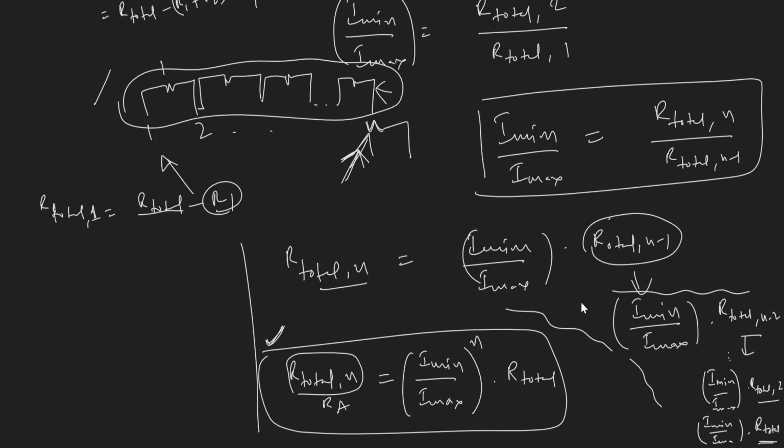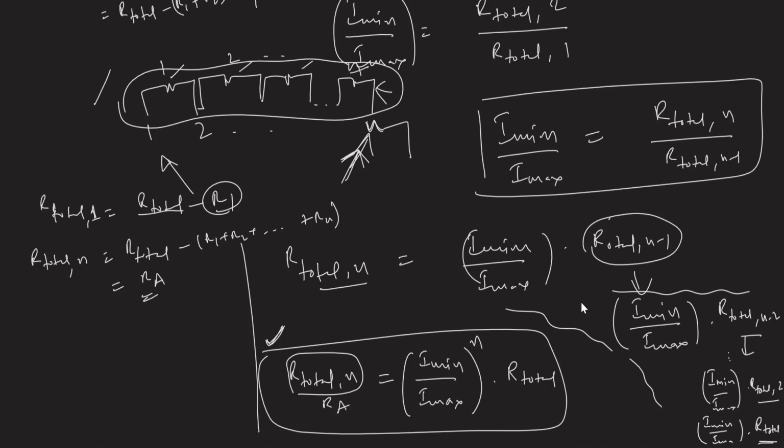I have n sectional resistances like this. So what do you mean by R total n? It means R total minus R1 plus R2 plus so on up to Rn. That means I have removed all the sectional resistance of the starter. Now I have only the resistance Ra.